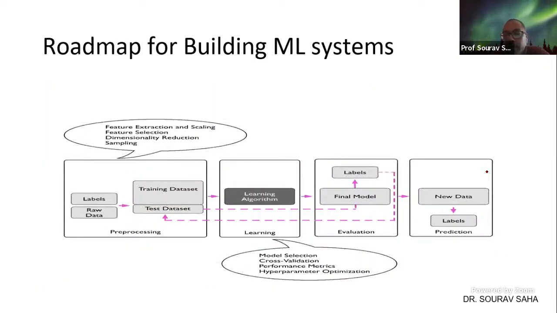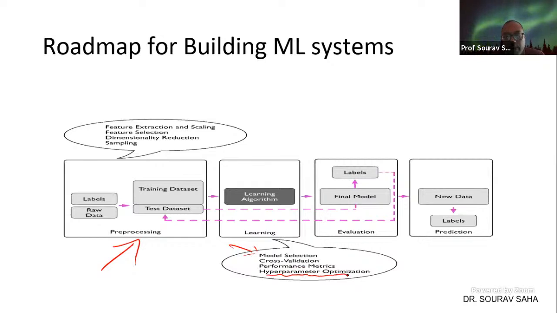So for the roadmap of building a good machine learning process, as I said, the first part, people don't realize, is the part which probably requires the maximum effort. You pre-process the data, do feature extraction, scaling, select a subset of the features, sampling, all of that comes in there. Then you spend some time on model selection, cross validation, and hyperparameter optimization.